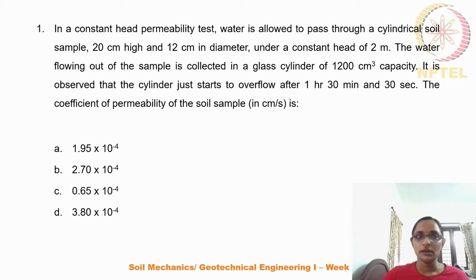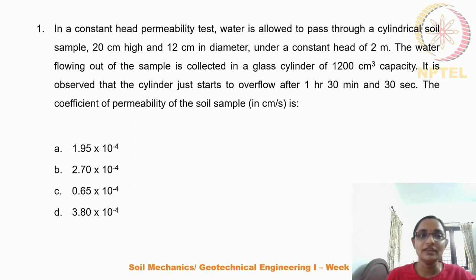So, here we are given data of a constant head permeability test. The soil sample is of height 20 centimeter and 12 centimeter diameter, and the constant head maintained throughout the test is 2 meters.